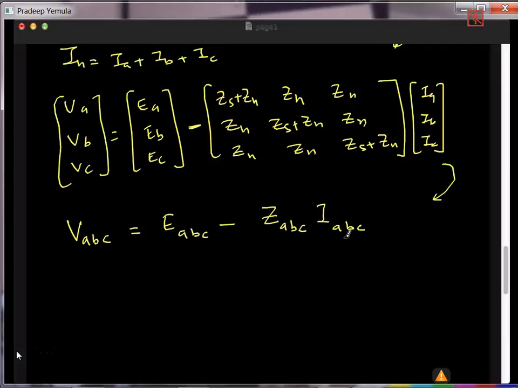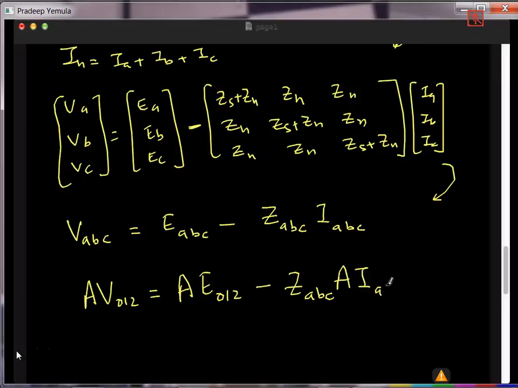Just short form notation. Now these sequence components I can introduce. VABC is nothing but A into V012. EABC is nothing but A into E012. And then ZABC will remain like this. IABC is nothing but A into I012. So again, just converting to sequence components.